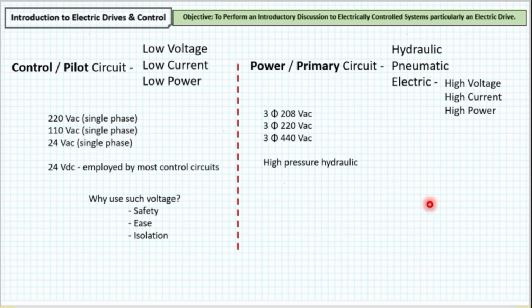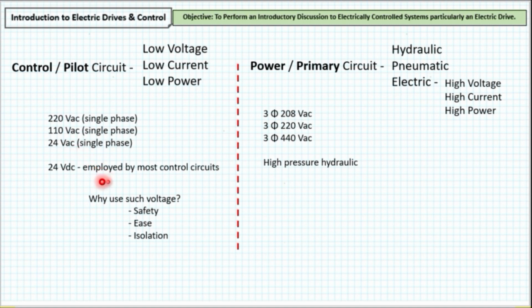So, the voltages that is used in a control/pilot circuit is usually 220 volts AC, 110 volts AC, both single phase. Sometimes, very rarely, meron 24 volts VAC single phase. Tapos 24 volts VDC employed by most control circuits.